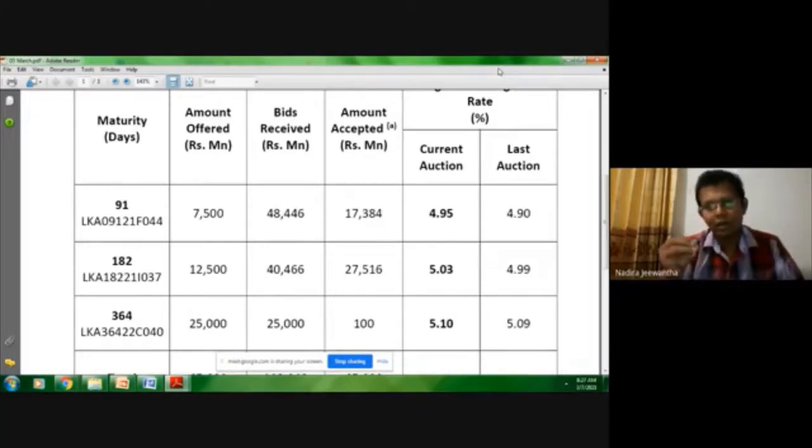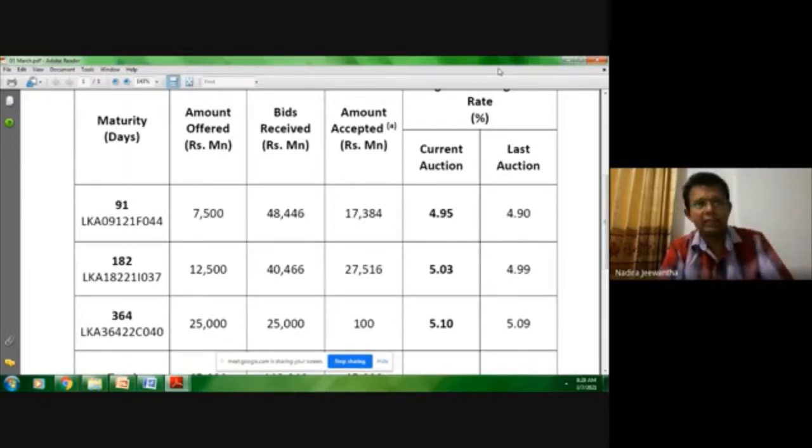Even so, the treasury bill rates have increased, as you see now: 3 months, 6 months, 1 year. Recently, for the first time, we have seen the 1 year treasury bill rate increase. That's why I wanted to bring it to you all. Previously it had not increased for 1 year.